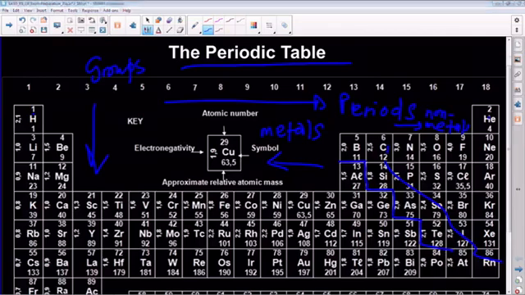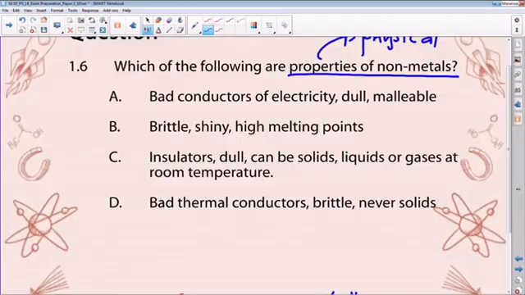So that's in terms of classification. So non-metals are definitely bad conductors of electricity. They are dull, and they are not malleable, because if they are not malleable, it means they are brittle. So that one takes it out from the combination. They are brittle, that is true. Shiny, no, because they are dull. Okay, so we check that.